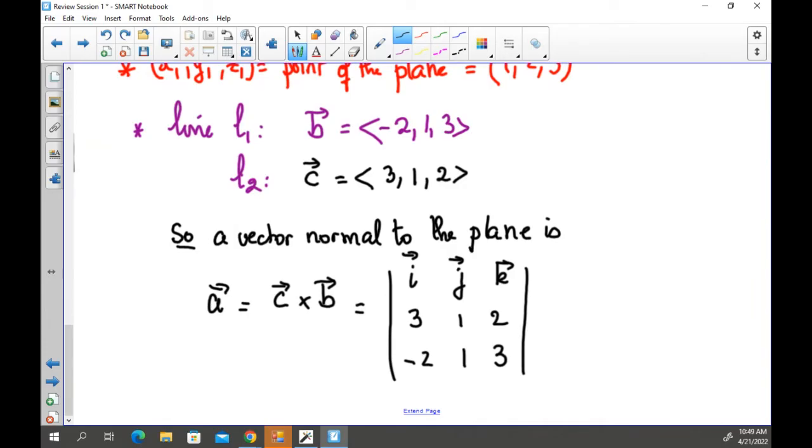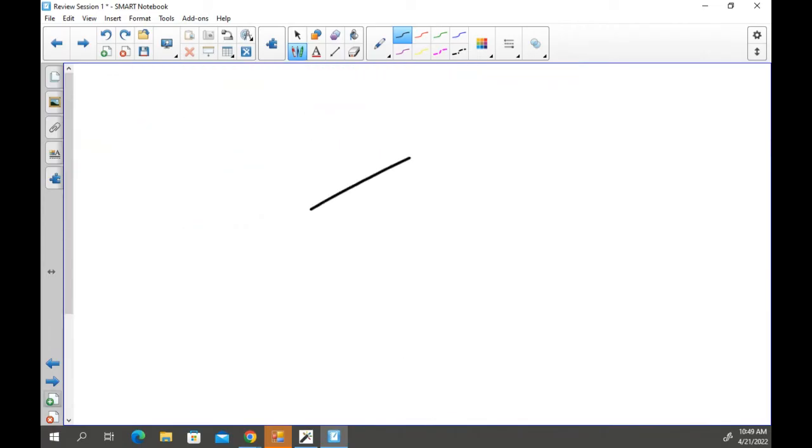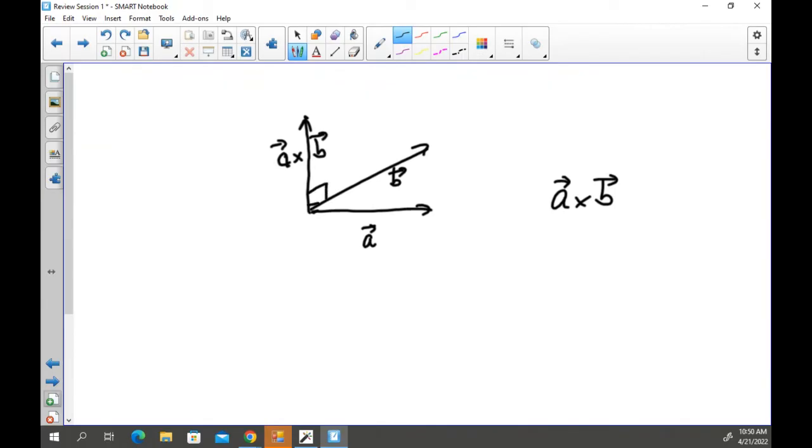Let me just remind you something here. When you have two vectors, let's say you call them A and B, if you take the cross product of A and B, what you will get is a normal vector C. The cross product of A and B will be normal to both of these vectors.